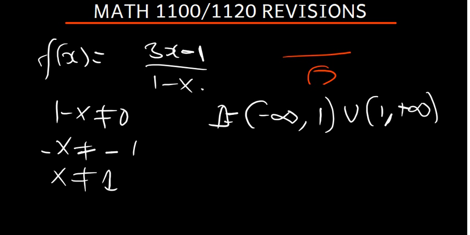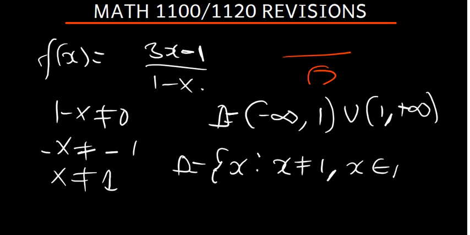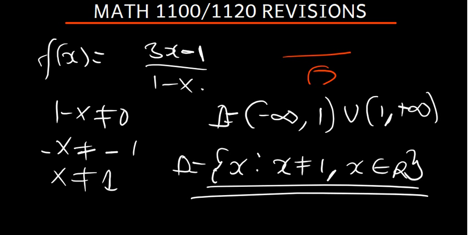You can plug in any value, but 1 is not going to be included. Another way to represent the domain is in set builder notation: x such that x is not equal to 1, but x can be any value as long as it is a real number. That is my domain.